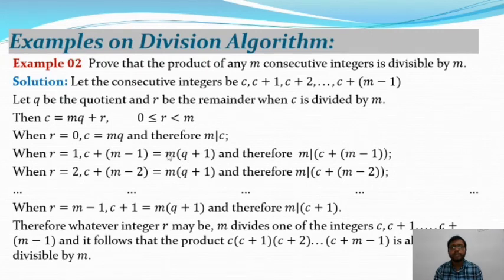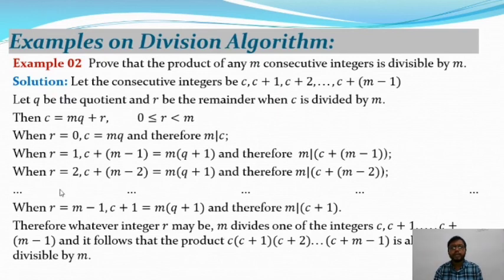And from divisibility we get m divides c plus m minus 1. Again, when we put r equal to 2 and add m minus 2 on both sides, we get c plus m minus 2 equals m into (q plus 1), and again from divisibility m divides c plus m minus 2.